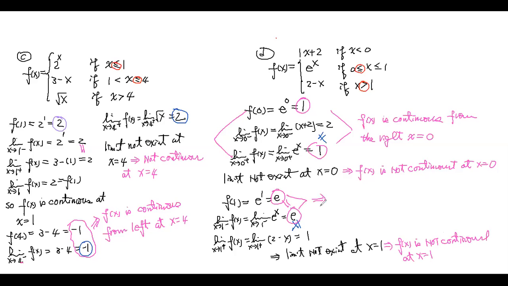So by these two, because this is the one approached from the left-hand side of 1, I will say that f of x is continuous from the left at x equal to 1 here.